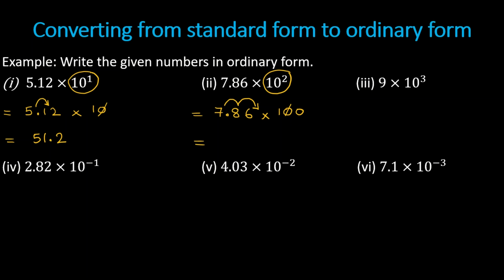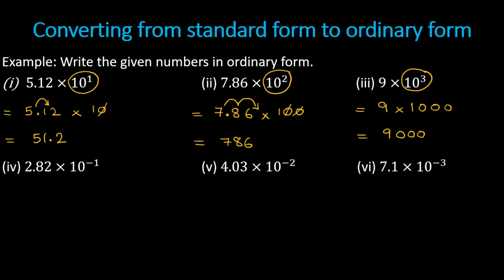Right? So the answer is 786. The third part, 9 times 10 to the power of 3 is simply 1000, and 9 times 1000 is 9000.